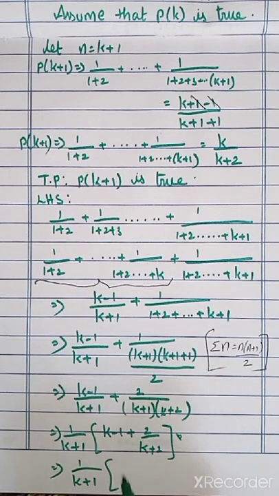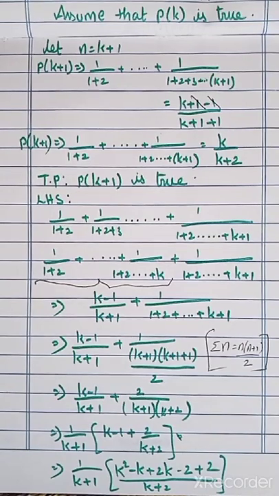So you will get k square minus k plus 2k minus 2 plus 2, whole divided by k plus 2. Correct? Now this minus 2 plus 2 will get cancelled, and 2k minus k is k.